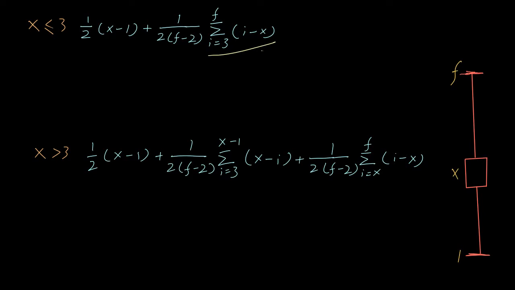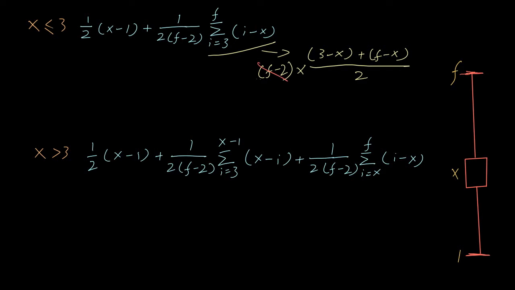Let us first calculate this part. This sum, if you have noticed, is the sum of an arithmetic progression. So we need the first element of this progression plus the last element, divided by 2, and multiply all that by the number of elements in this progression, which is f minus 2.